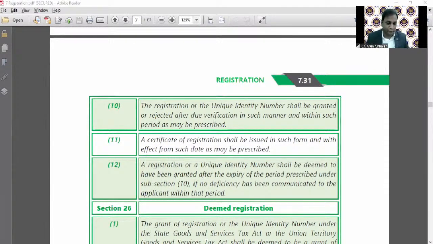So I hope we can start. Let me talk first about the time limit of approval. Go back to page number 40.